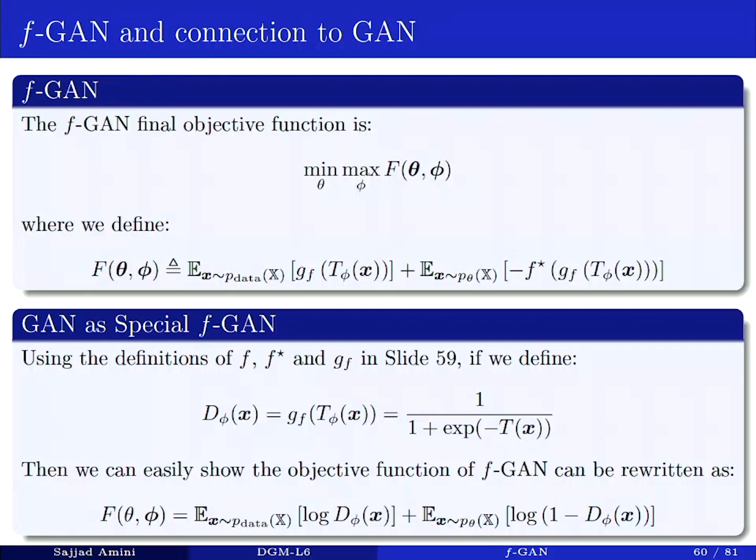So I replace g of f with this function here, and to reach this point, you can easily start with the f-GAN. No, I know, but like g phi equals g of f t phi x, okay? Pay attention that g f is not present in the GAN architecture. It comes from the loss function, as I said here.